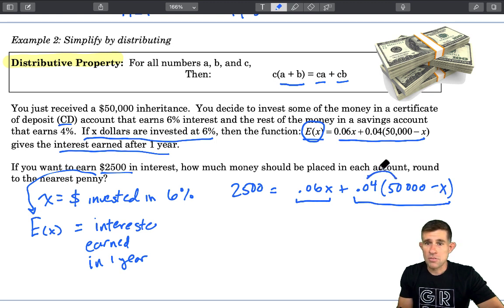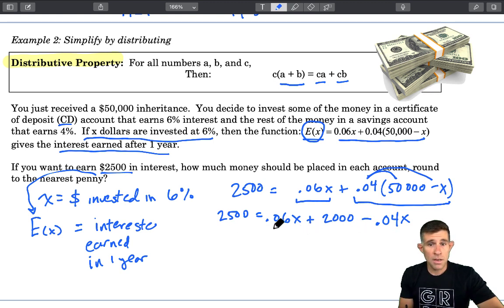We need to distribute that 0.04 into that set of parentheses. So our next line will read 2,500 is equal to 0.06x plus 0.04 times 50,000 is 2,000 plus 0.04 times a negative x is negative 0.04x.